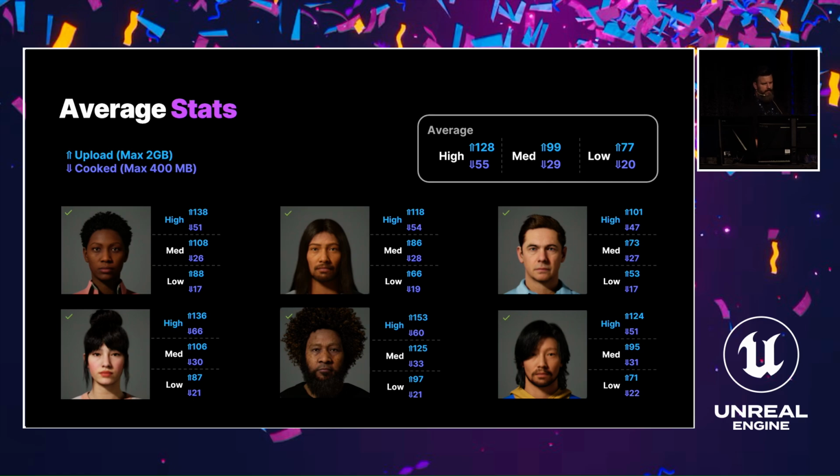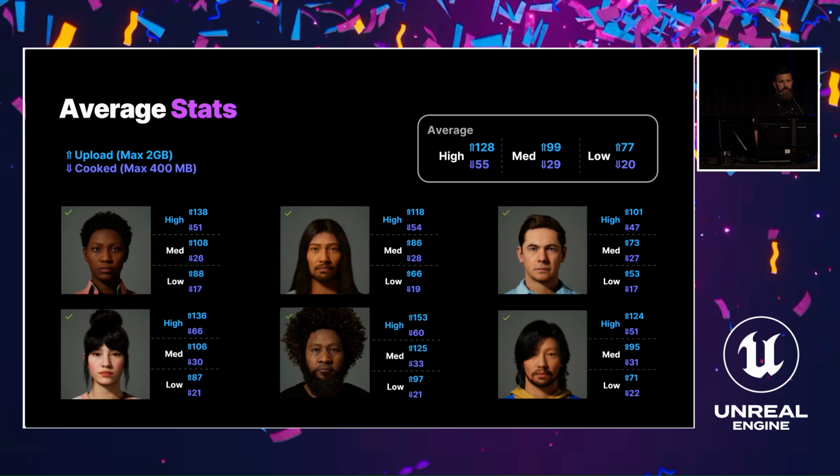Here we can see a wider spectrum of characters with their upload size in blue and their cook size in purple for each of the 3 quality options that you can download in MetaHuman. In the top right corner, we can see an average size of these characters. The average high quality version for all these characters is an upload size of 128 megs and cook size of 55 megs.